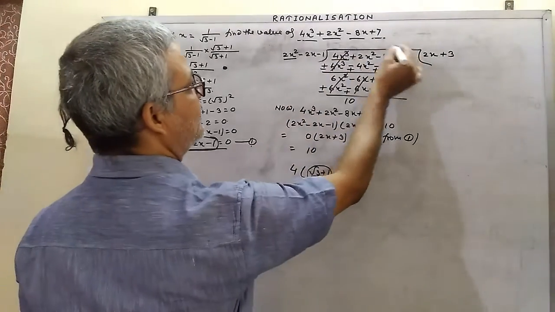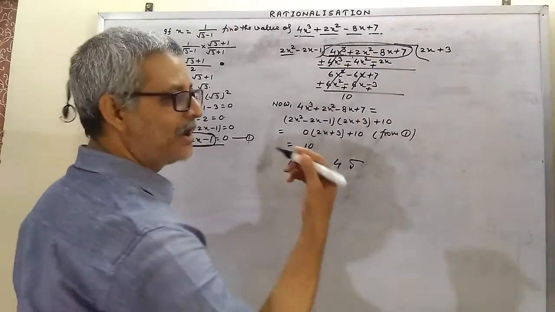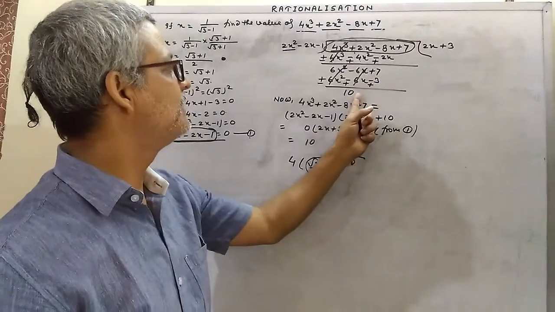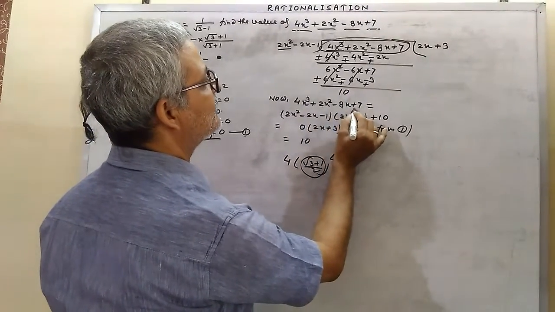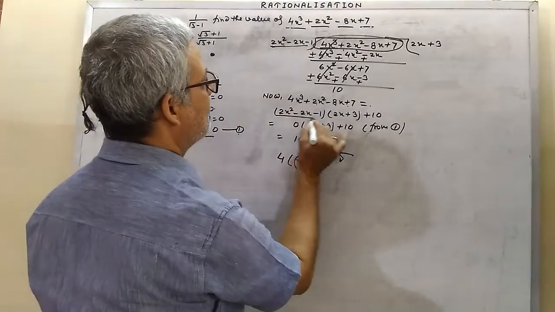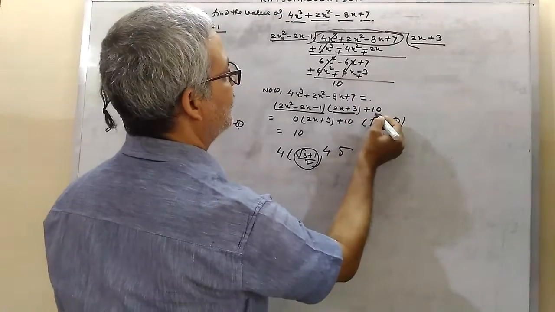Now this is the dividend. We already know that dividend is equal to divisor into quotient plus remainder. So 4x cube plus 2x square minus 8x plus 7 can be written as divisor into quotient plus remainder 10.